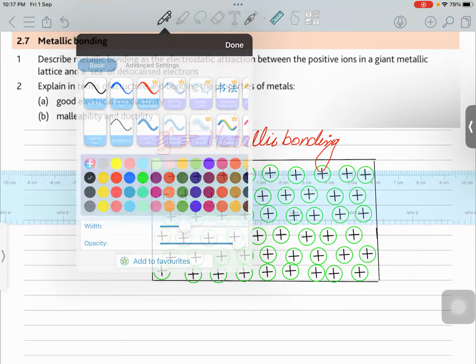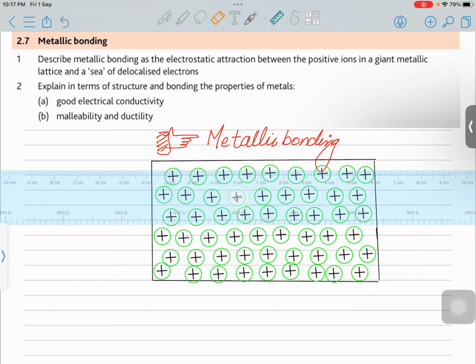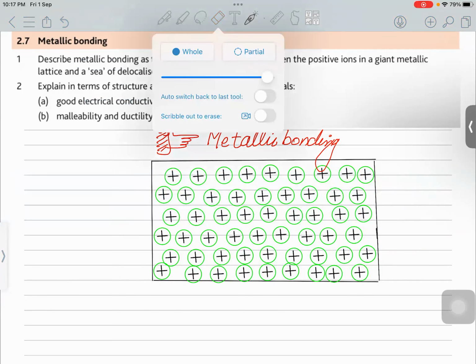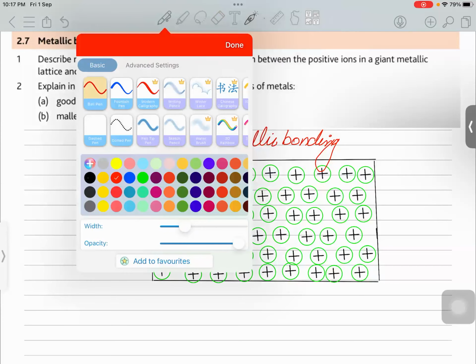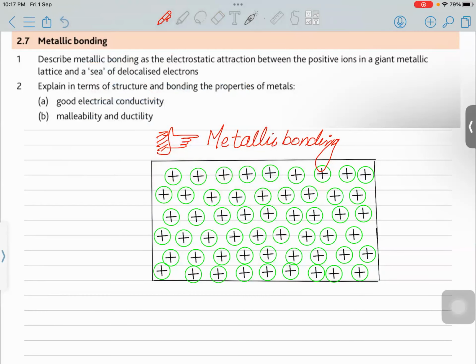Now, plus means that it's an ion. Yes, these are cations, right? Why is a positive ion there? Because electrons are slightly moved away from the metal, right? For example, you have sodium, so an electron is removed. Where did the electron go, sir?